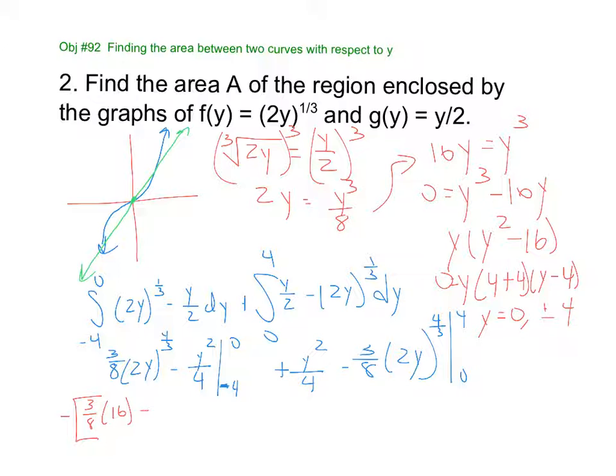Minus 16 over 4 is 4. And then over here, we plug in 4, and we get that 4 again, minus 3 over 8 times the cubed root, that was 16, minus 0. So -48 over 8.